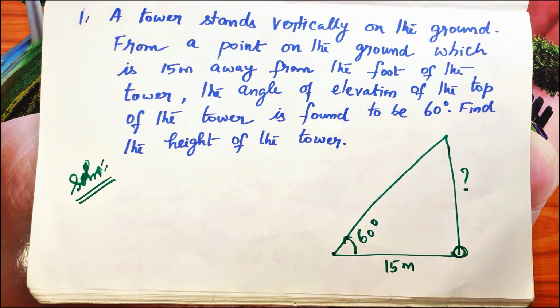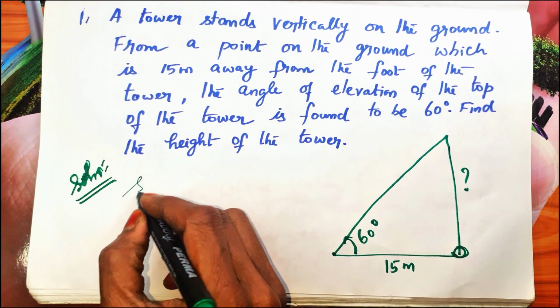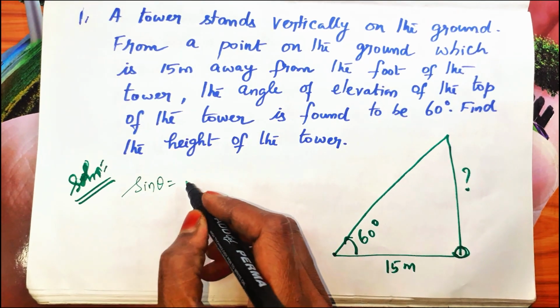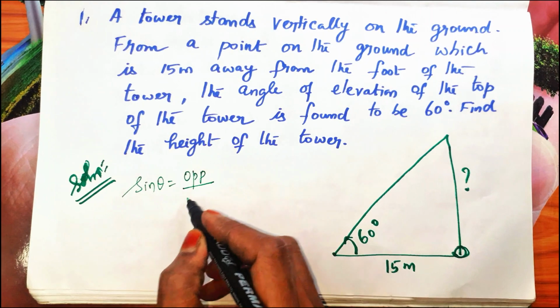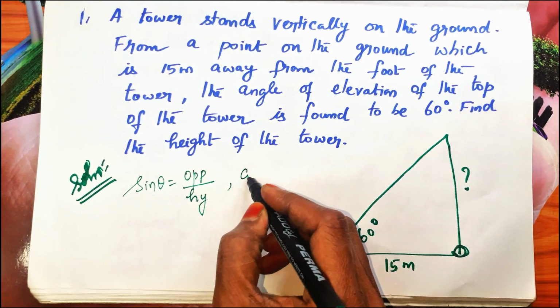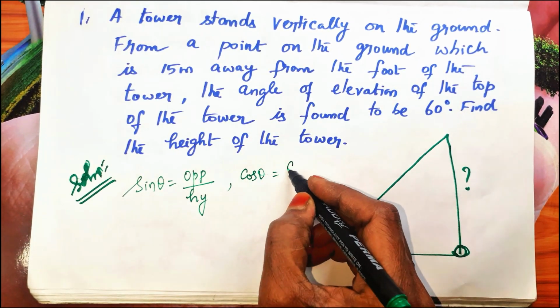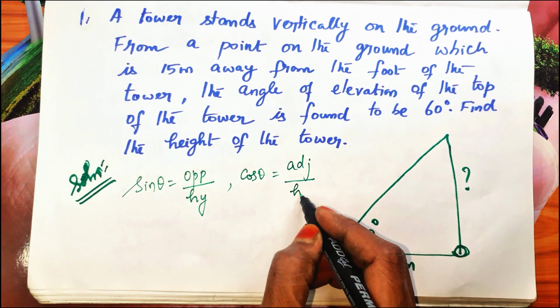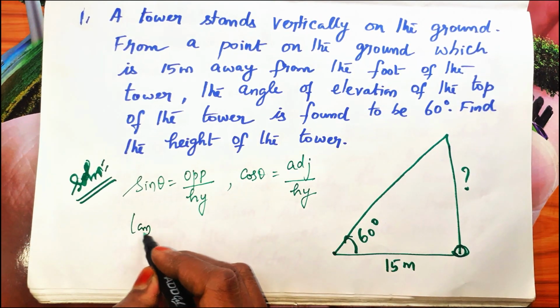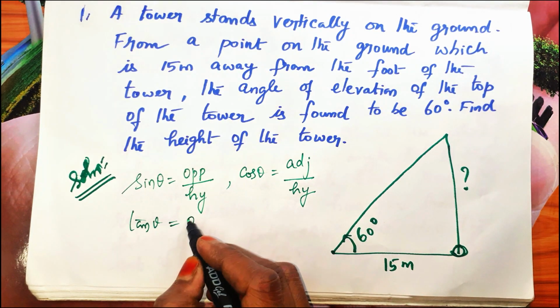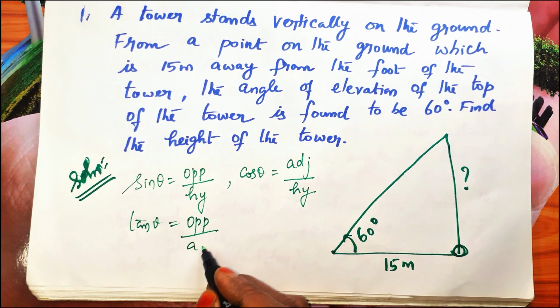We know all the trigonometric formulae, no? Can you tell me what is sine theta? Sine theta is equal to opposite side by hypotenuse, cos theta is equal to adjacent side by hypotenuse, and tan theta is equal to opposite side by adjacent side.